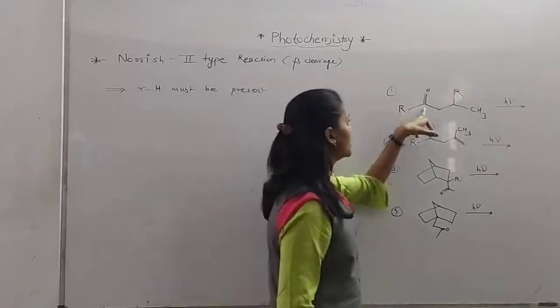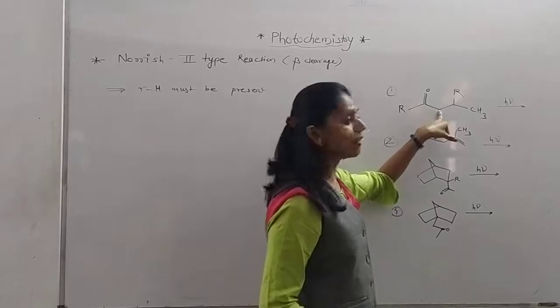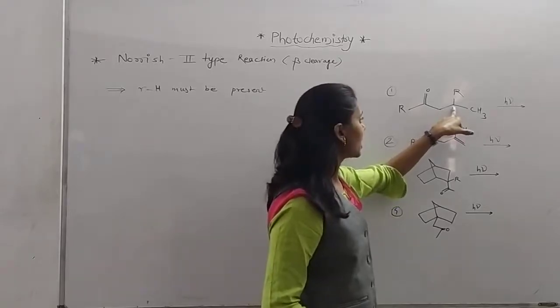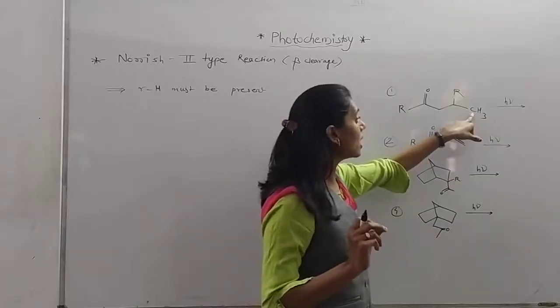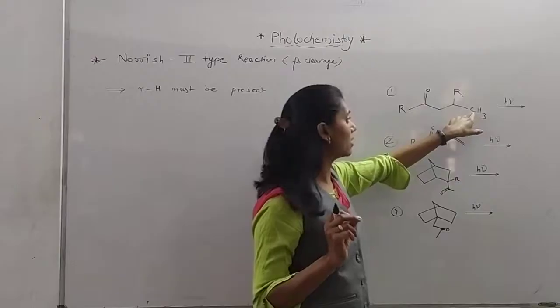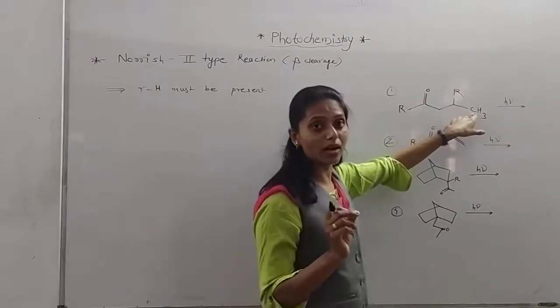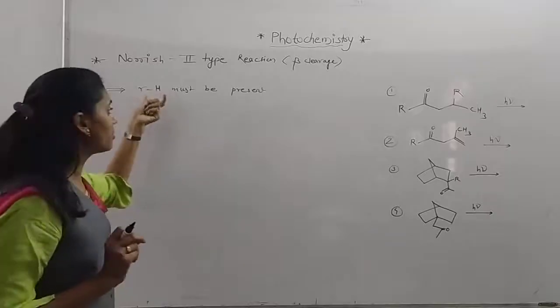For example, this is the carbonyl group and adjacent to it is the alpha carbon atom. This is the beta carbon atom. This carbon is the gamma carbon atom, and the hydrogen attached to the gamma carbon atom is known as gamma hydrogen. So the gamma hydrogen must be present.